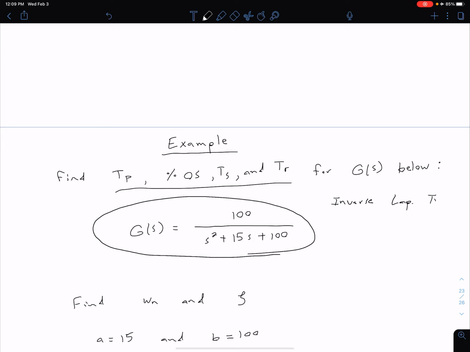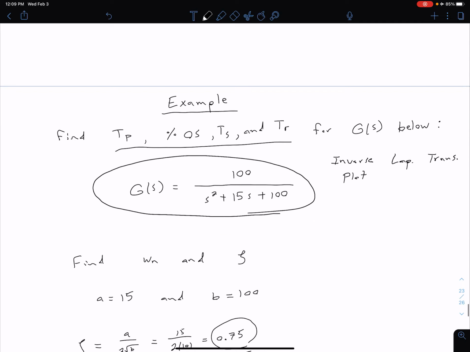That would have given us our c of t. Then we would have had to plot the response, and then take measurements from that plot.